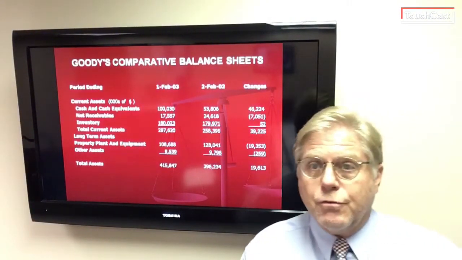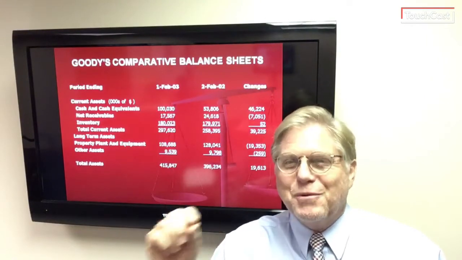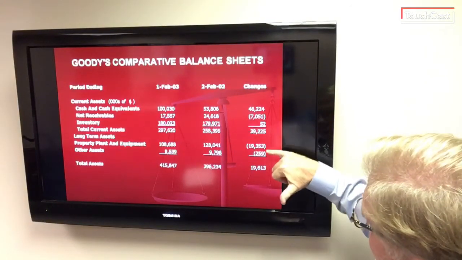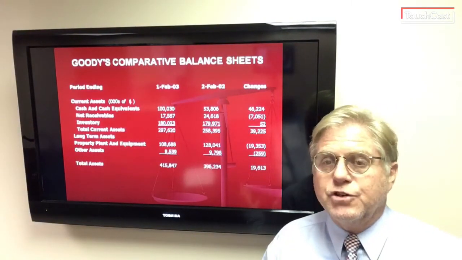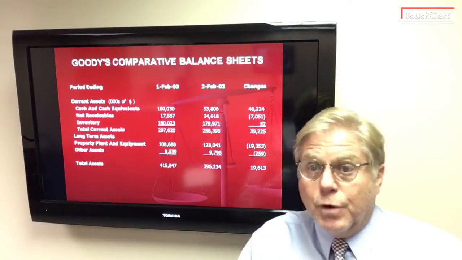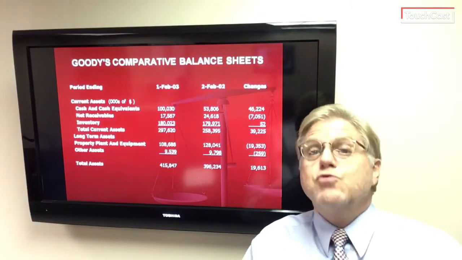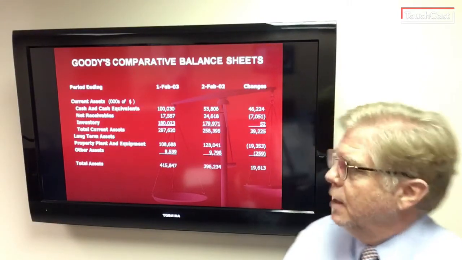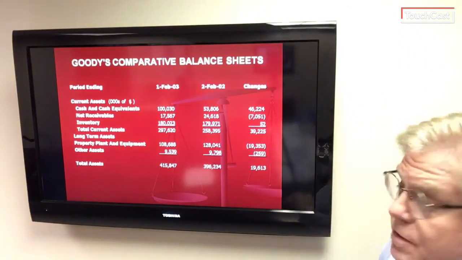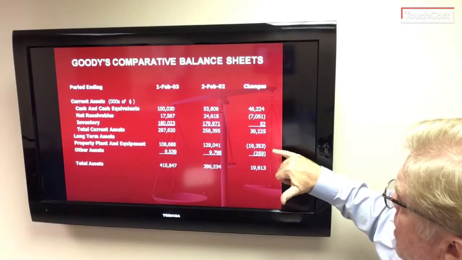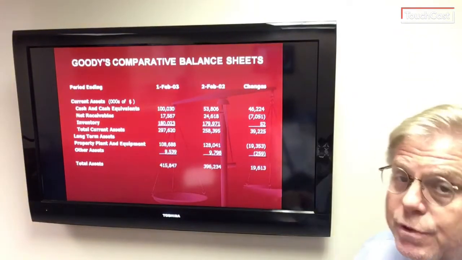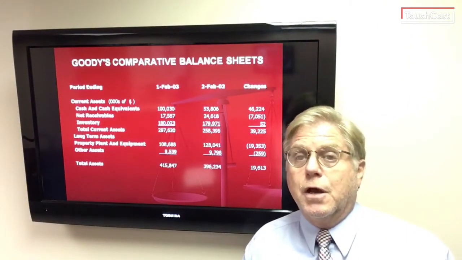And part 1C, really, is to go one step further and say, okay, of these line items here, which ones reflected the greater change? When we're looking at these line items, which ones accounted for the greatest change? The answer is that the accounts that changed the most included cash, which grew by $46.2 million, followed by PP&E, which fell by $19.4 million, followed by net receivables, which fell by $7 million.